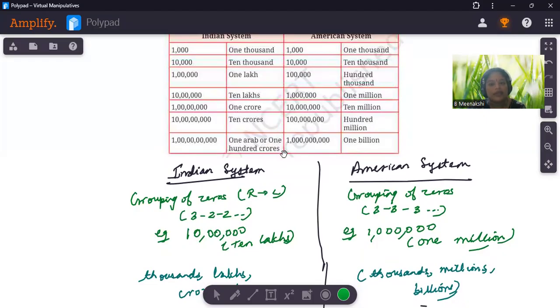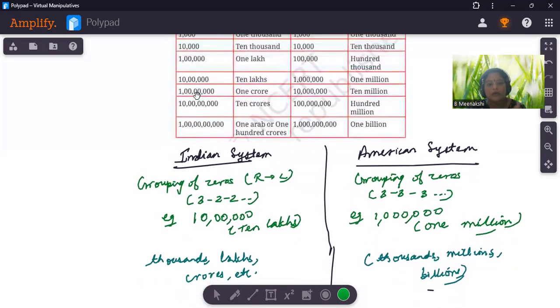So now we will see the difference of each of these notations. Now this is 10 lakhs in the Indian system: 1 followed by 6 zeros is 10 lakhs. The same 1 followed by 6 zeros in the American system is 1 million. And in the Indian system, 1 followed by 7 zeros is 1 crore.